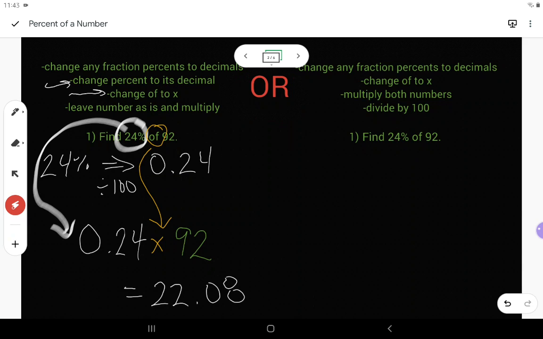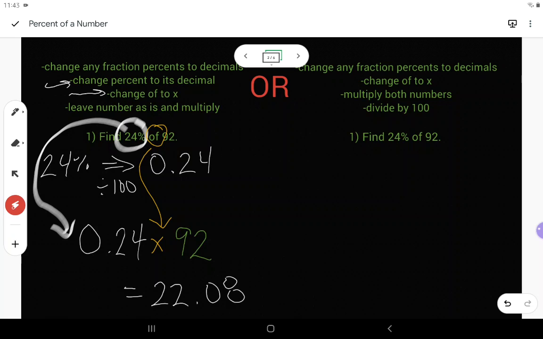Okay? Now, there is another way to do it. Same thing, I've got to get rid of any fraction percents, right? So if I've got like 1/2%, and we'll see that in the next one, I've got to change it to a decimal. I'm still going to change of into being a multiplication, and I'm just going to multiply both numbers, but in this step, because I didn't change the percent into a decimal, I have to divide my final answer by 100.